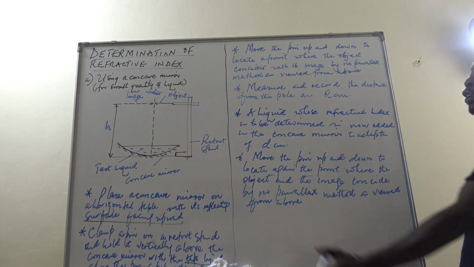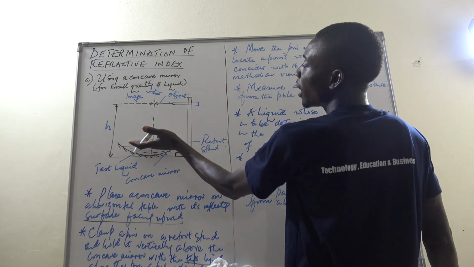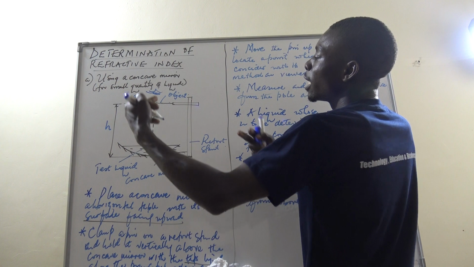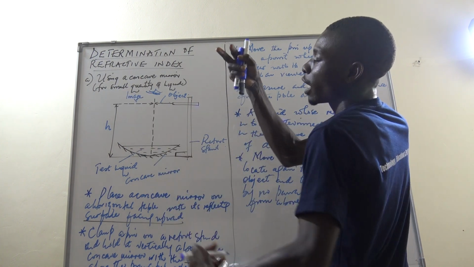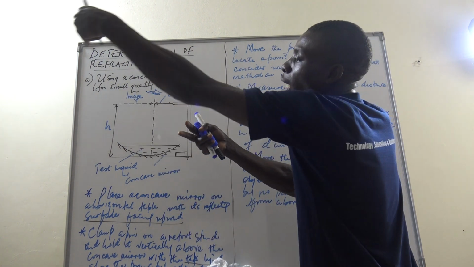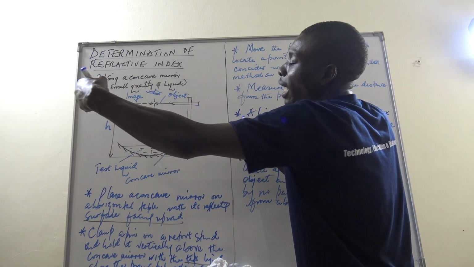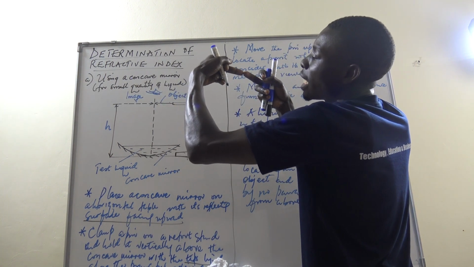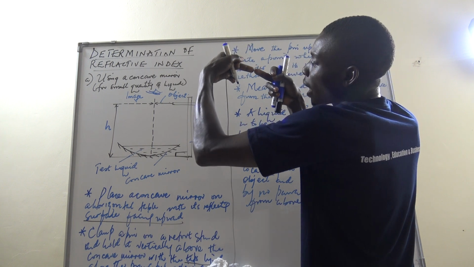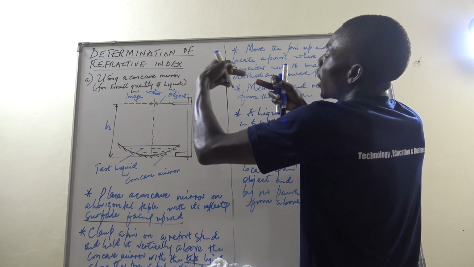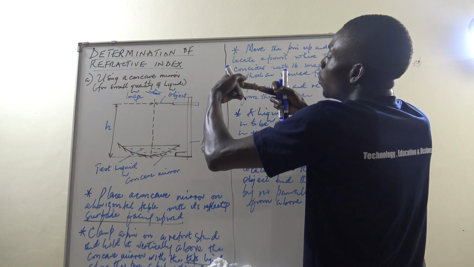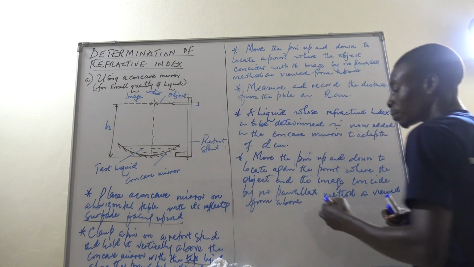So after putting the liquid here, move it up and down again. Make sure that the image, which will come on the other side, is coinciding with the tip, with no parallax. That means they should not be moving apart from one another; they should move in the same line.